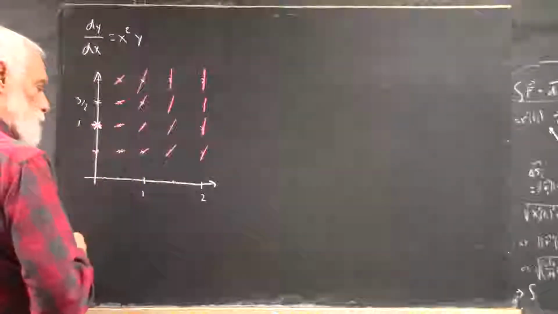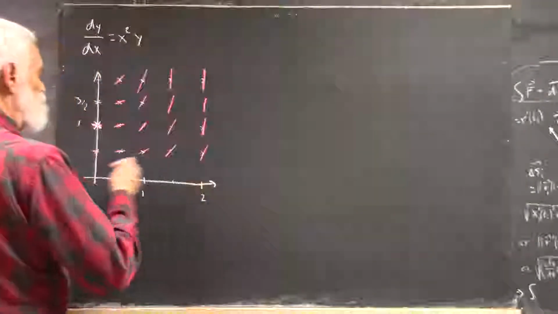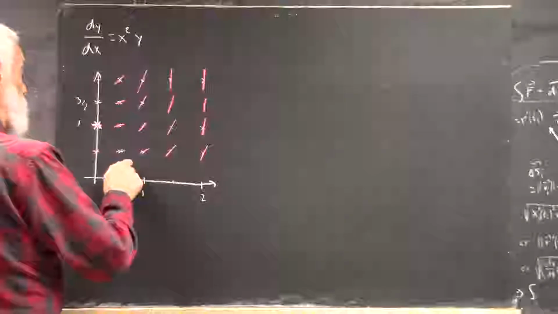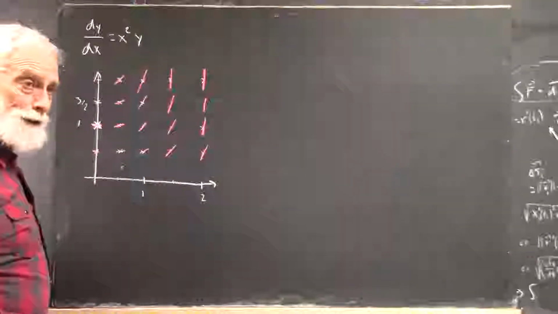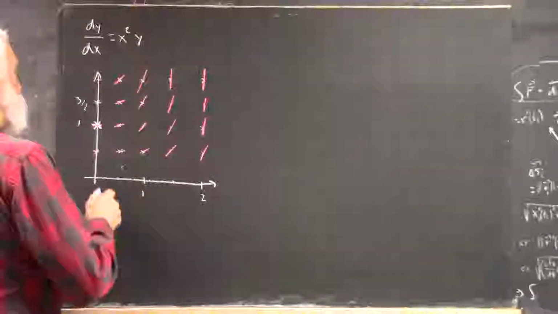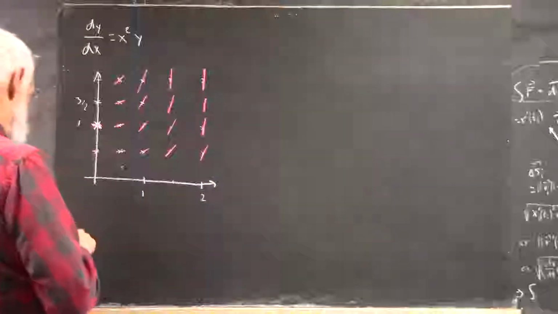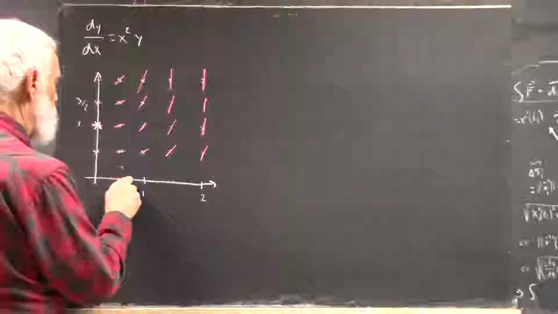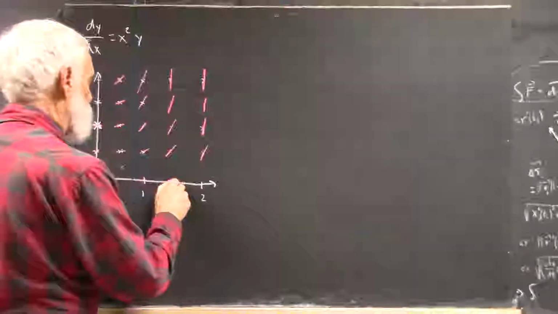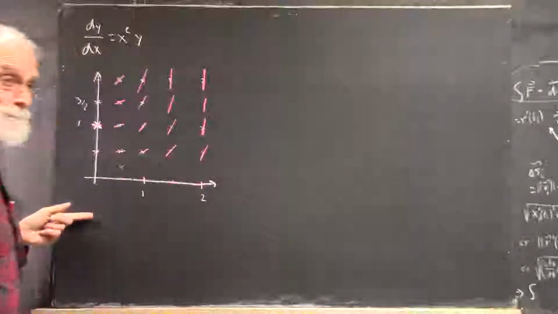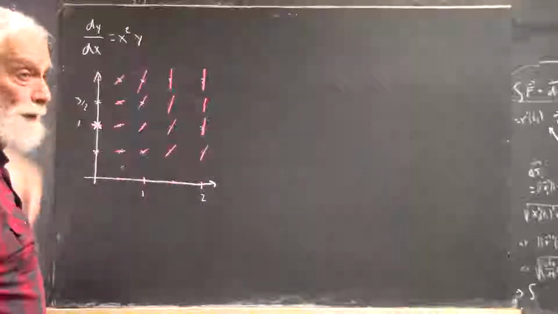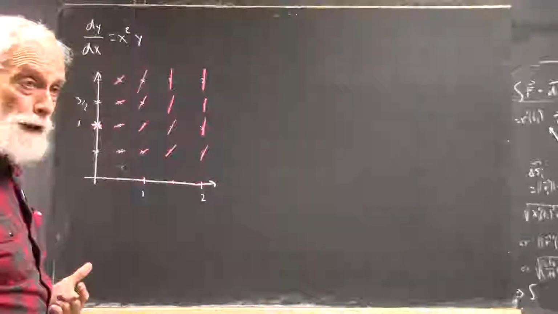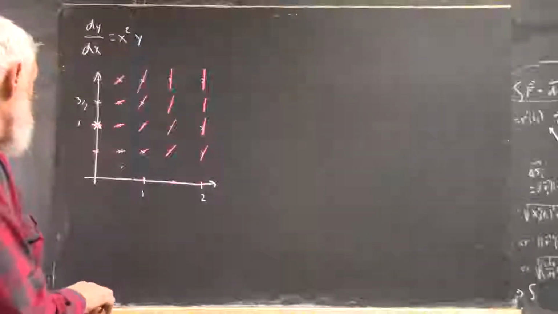So my point is, let's say we just want to start here, okay? Well, we don't have the slope field down here, but we do understand that the slopes are going to all be 0 on the x-axis as well as on the y-axis, right? Because if x is 0, your slope dy/dx is 0, okay?